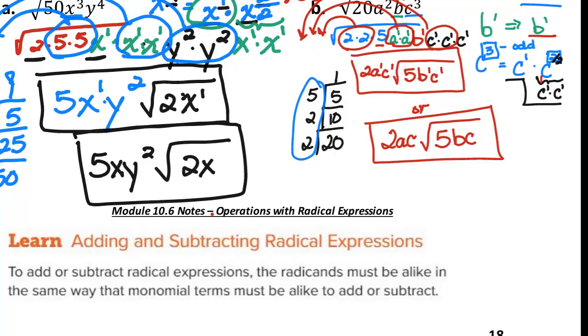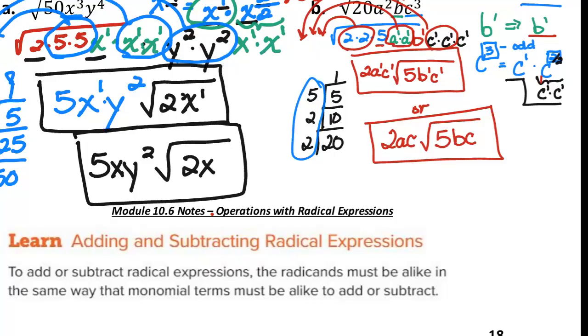So I am rewriting x to the 7th as x to the 1st, which is right here, times x to the 3rd times x to the 3rd. And remember, I have to add the exponents. 3 plus 3 is 6 plus 1 is 7. So it equals the same thing, right?